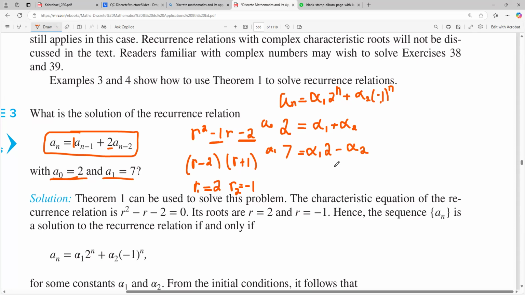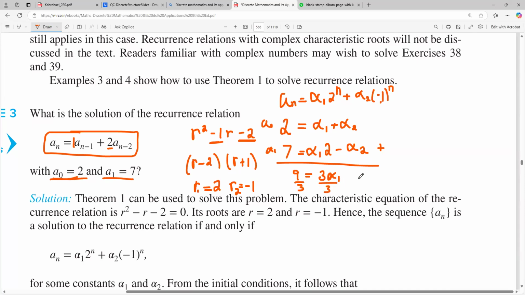Okay, and now once again, it's just a system of linear equations. Let's do the combination. We add both equations. We get alpha 2 plus alpha 2 is 0, that goes away. Alpha 1 plus 2 alpha 1 is just 3 alpha 1. 2 plus 7 is 9. Divide both sides by 3.